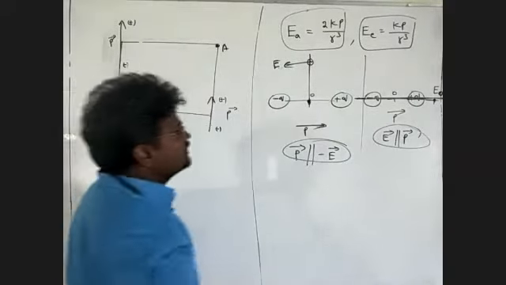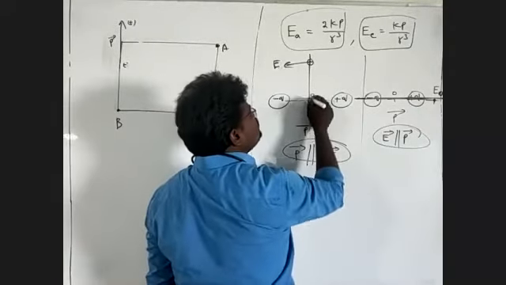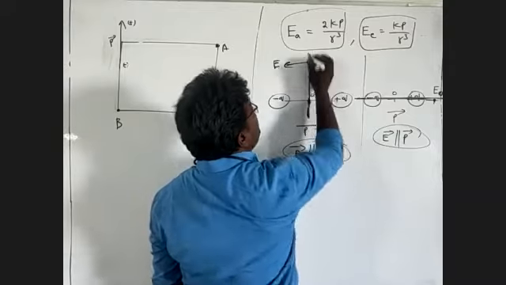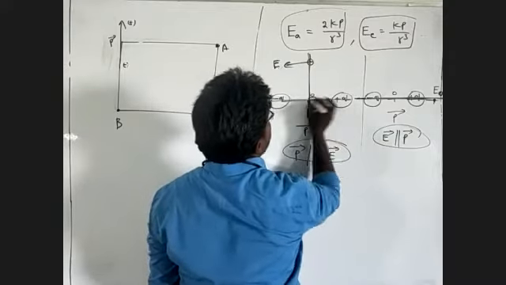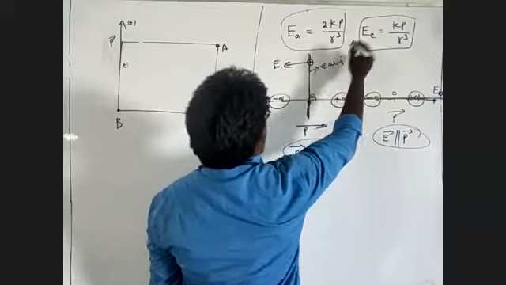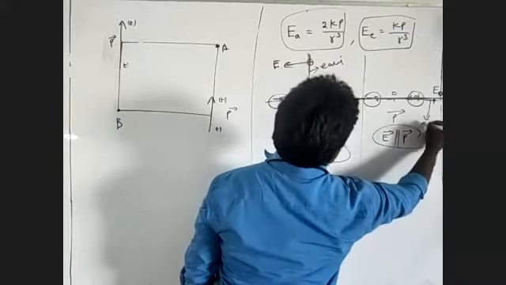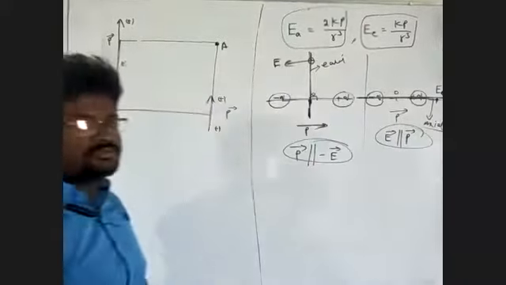Another line passes through the center of the dipole and is perpendicular to this axis. We call this the equatorial line, and this the axial line. That is a basic one.